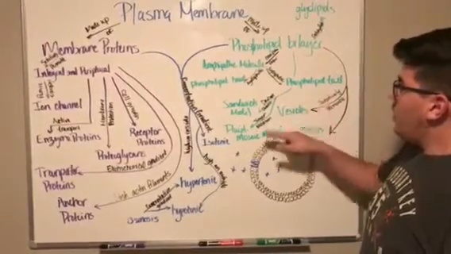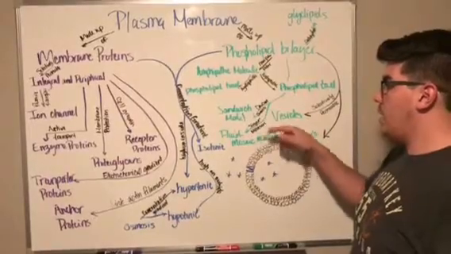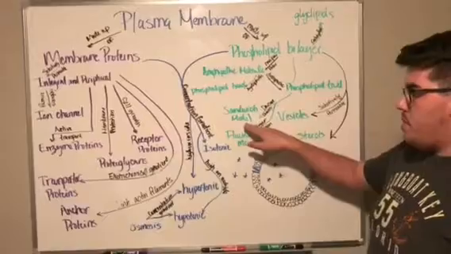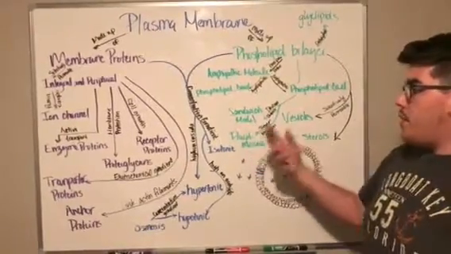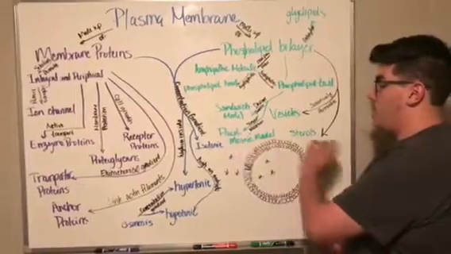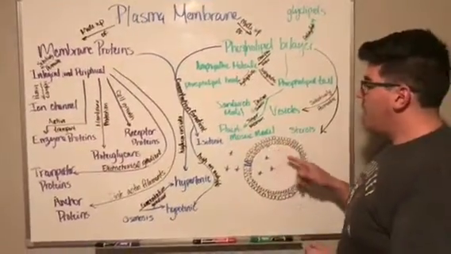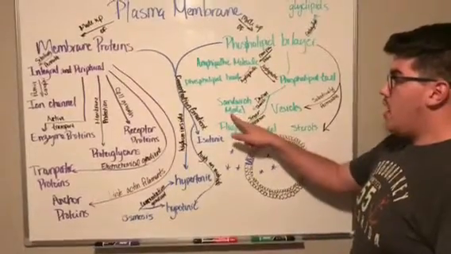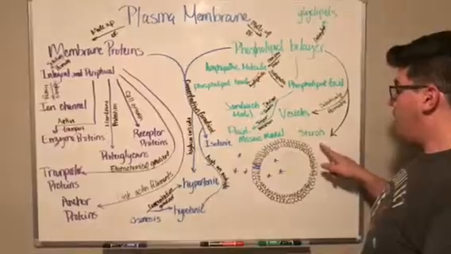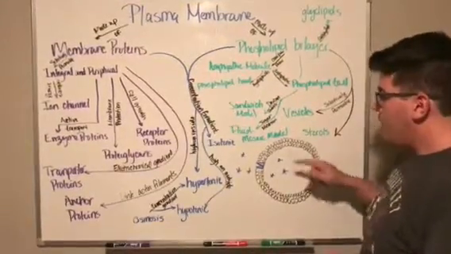According to two different theories, several decades ago, Davson and Danielli came up with the sandwich model, their theory being that the cell membrane consists of a lipid bilayer, or some sort of lipid layer, and that was actually proven much later on, probably a couple decades later, using electron microscopy.